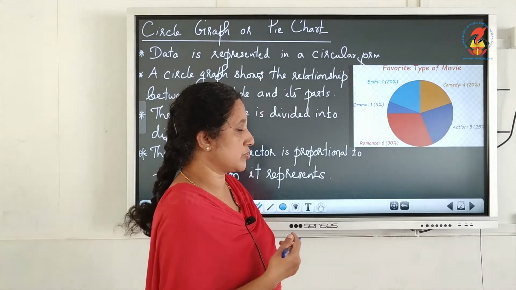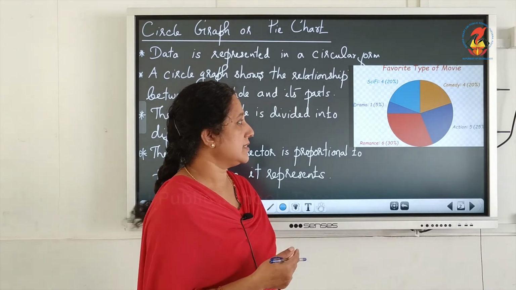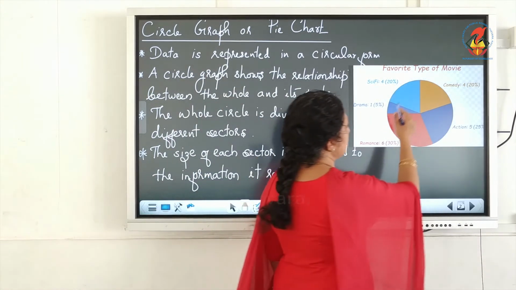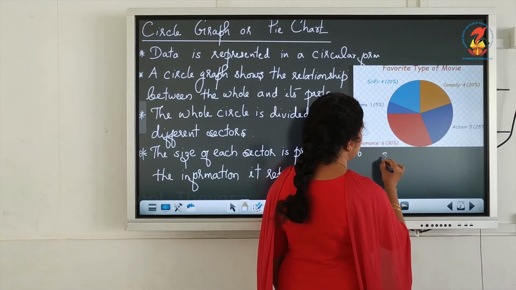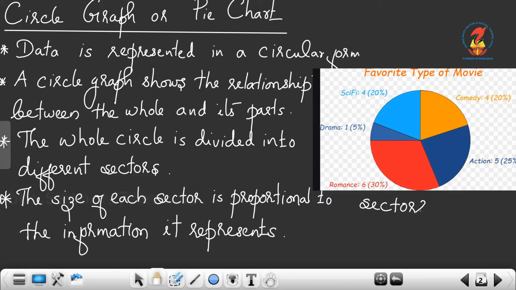Here you can see that this circle is divided into different sectors. So what is meant by a sector?